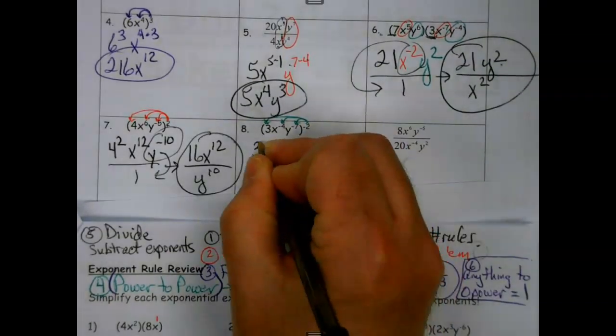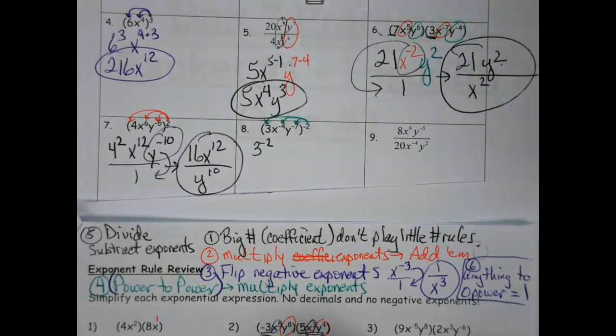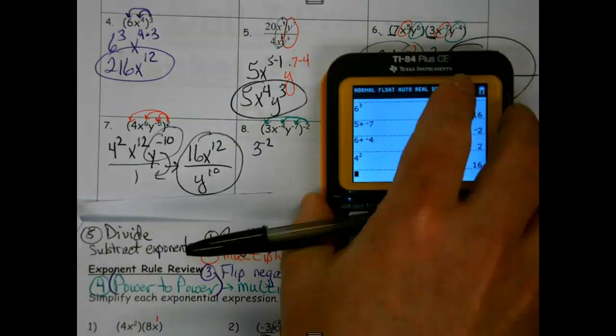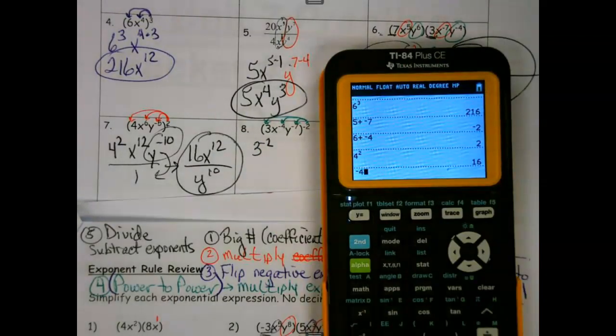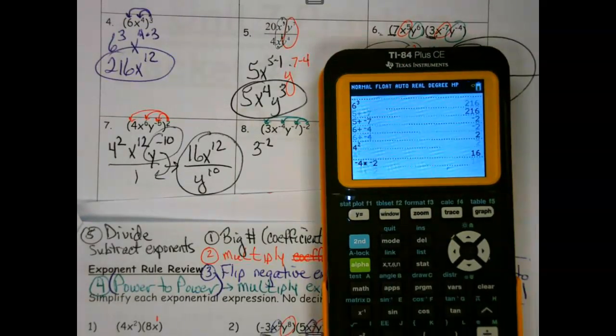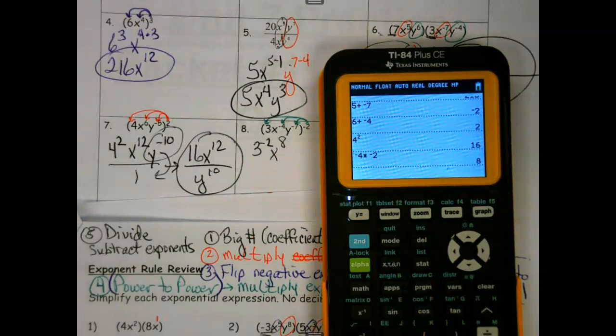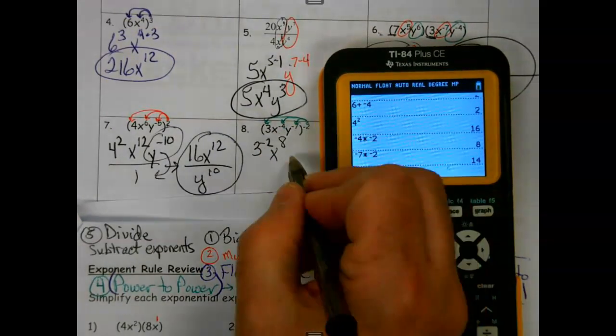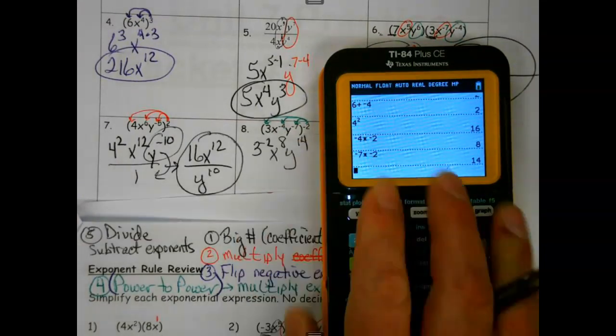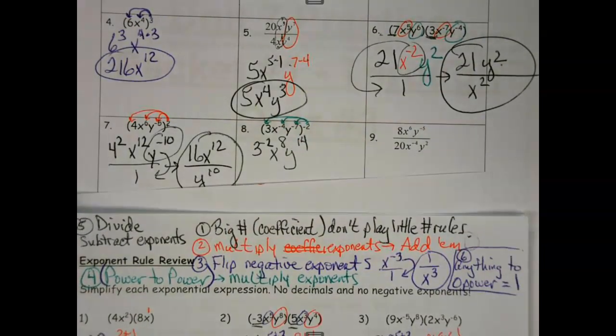So I've got 3 to the negative second. Here, I've got negative 4 times negative 2. Do not lose track of those signs. My y's, negative 7 times negative 2. Because just by doing that distributing, a lot of the negativity went away.